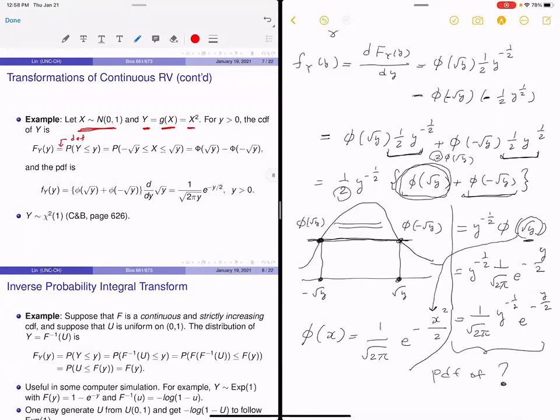In the first class, I said if x is normal 0, 1 and I take x squared, then it becomes what distribution? It becomes chi square with 1 degree of freedom. Then you will find out this PDF is exactly chi square 1's PDF.